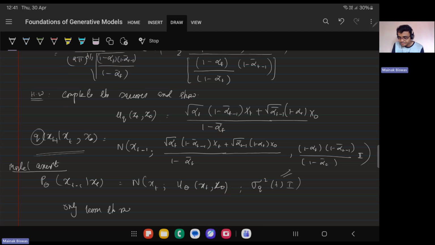Learn the mean. The variance remains the same, fixed to the variational process.